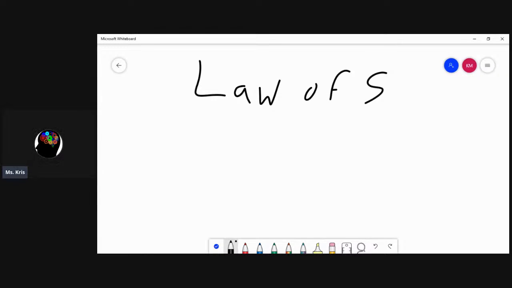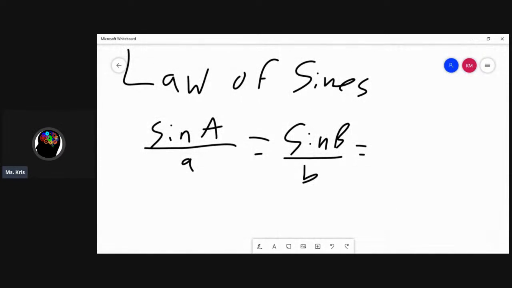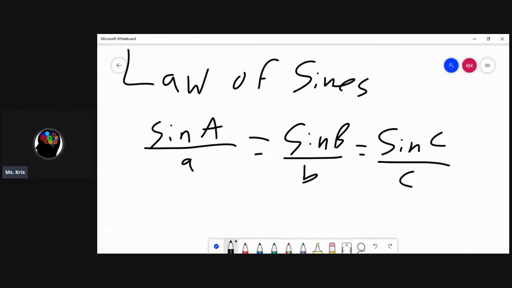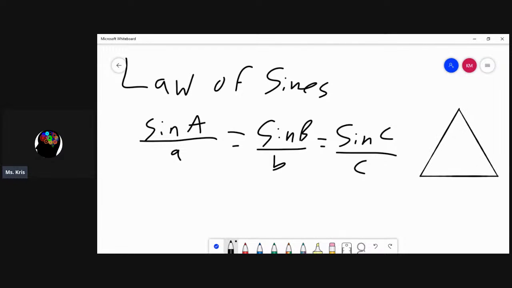So, law of sines means sine A over its opposite length of A equals sine B over its opposite length of B, which also equals sine C over its opposite length of C, as it relates to triangle A, B, C. So of course, A to A, B to B, C to C.